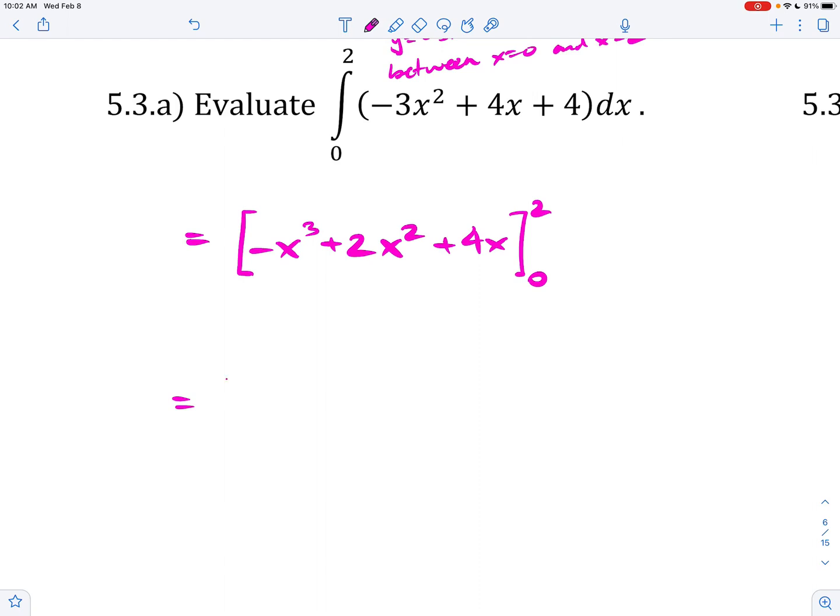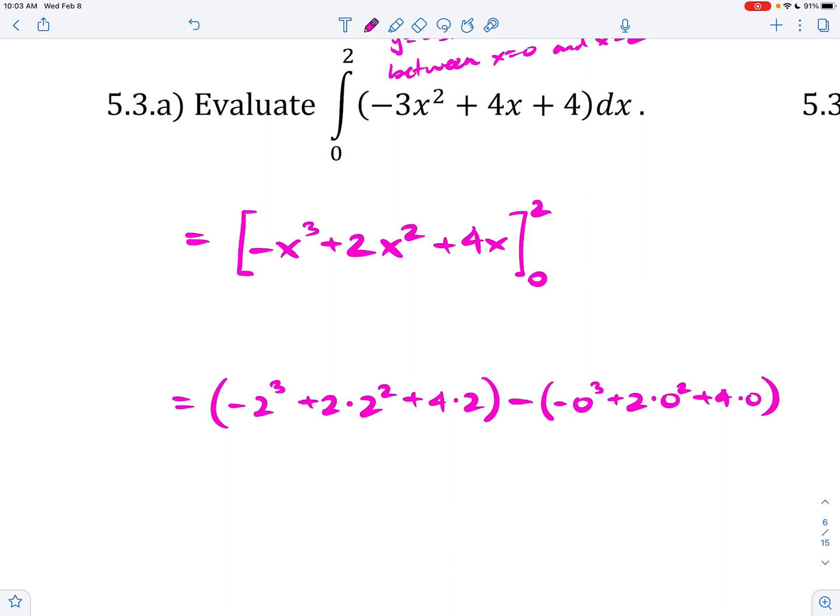So we're going to take this expression when x is 2, plus 2 times 2 squared plus 4 times 2. And we'll subtract what it is when x is 0. Boom! And now it's just an evaluation process.